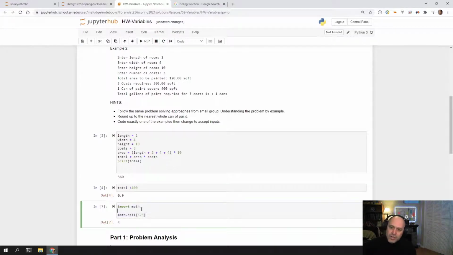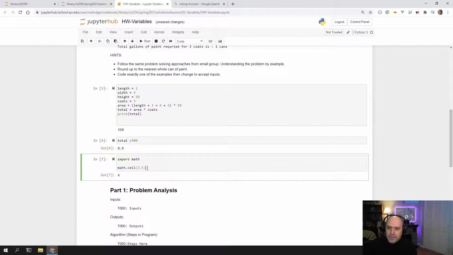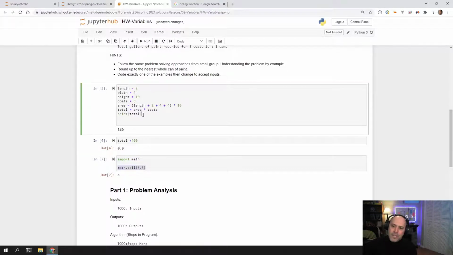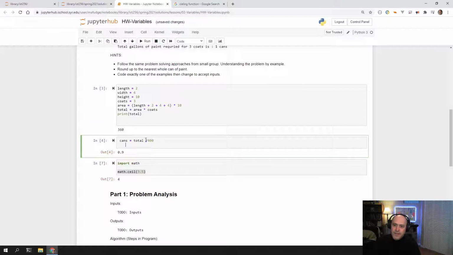So what you should do is this should go at the top of your code. And then somewhere in line when you need to calculate what is actually required, so this is like, the cans equals total, and then you'd say actual cans is going to be the math ceil of my cans.